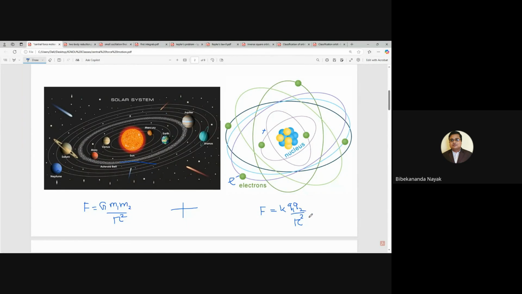Second thing is that both forces are proportional to 1 by r square. Force depends on the distance between the two objects. Since force is a vector, its direction will be r cap. Maybe plus minus is towards or away, but it is r cap.